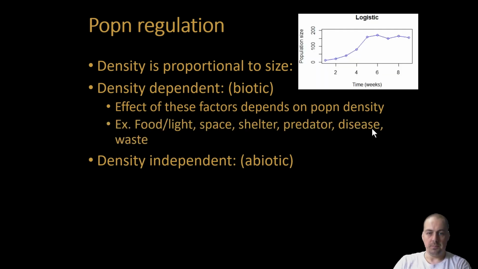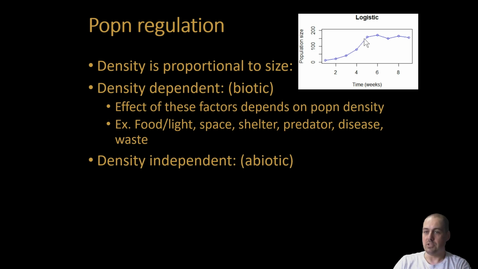So what we see is you're going to have your population starting off low, it's going to grow exponentially, and then once it gets to a certain size, or once it gets to a certain density, you're going to have several limiting resources. So the most obvious are going to be food for animals, light for plants, space where they live, space for shelter during harsh environmental conditions.